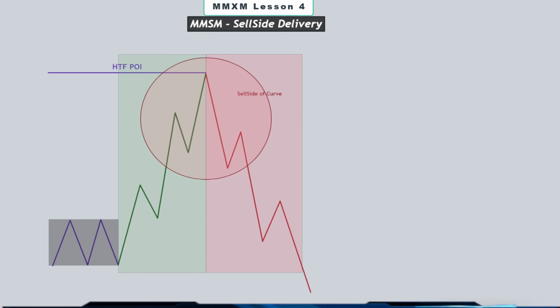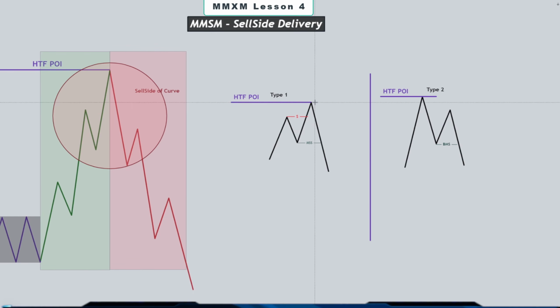In the previous lesson I talked about two types of smart money reversal. Type 1 reversal, where market takes its recent swing high, or along with this high it takes some other liquidities, reaches the higher time frame point of interest, and then gives you a change in state of delivery, or market structure shift, or break in market structure below the recent swing low.